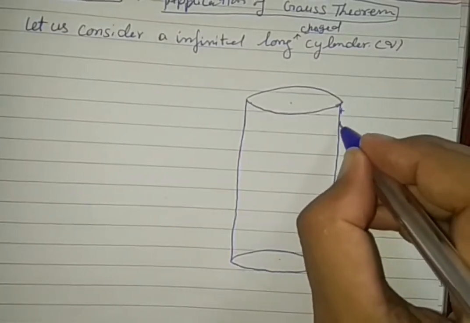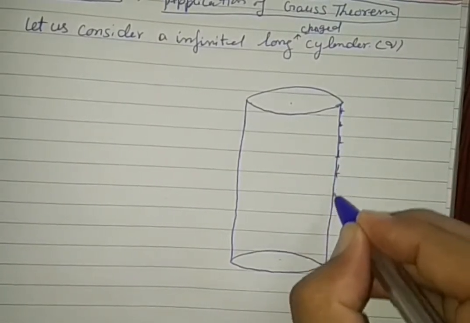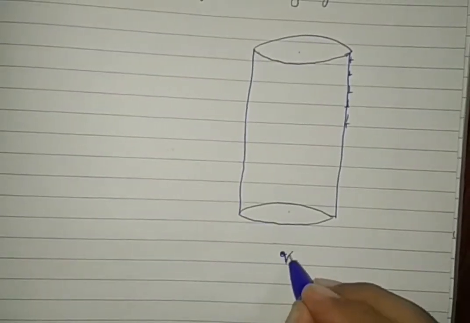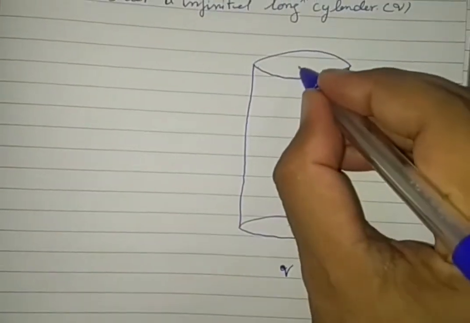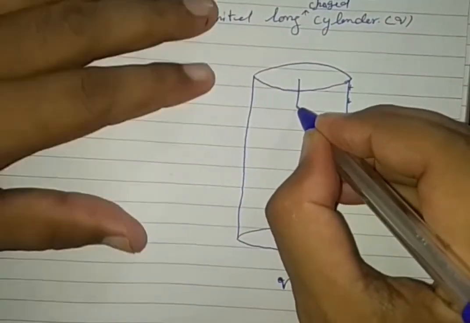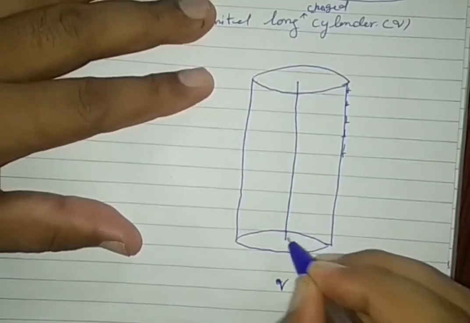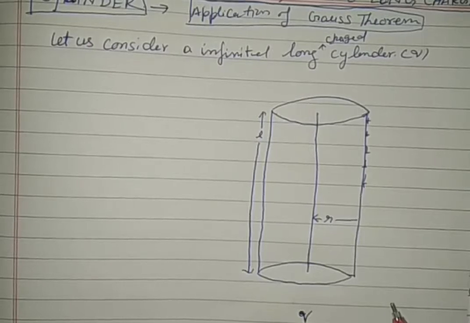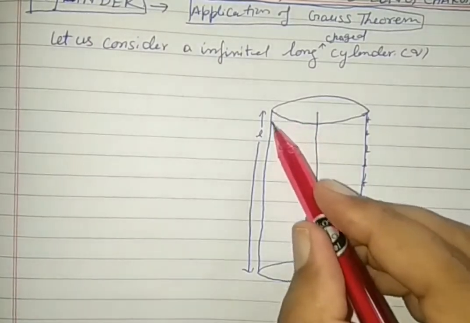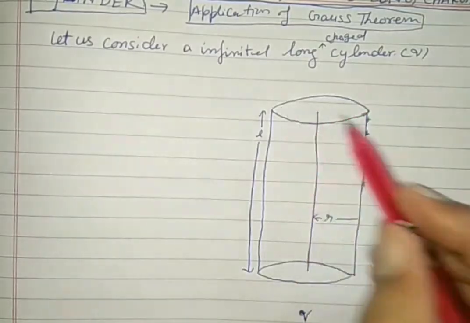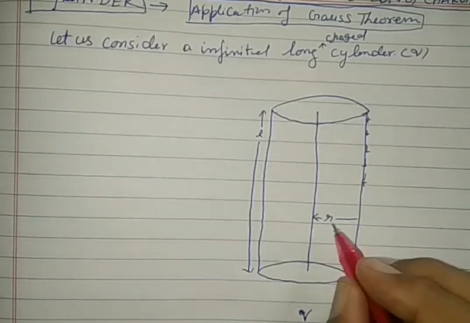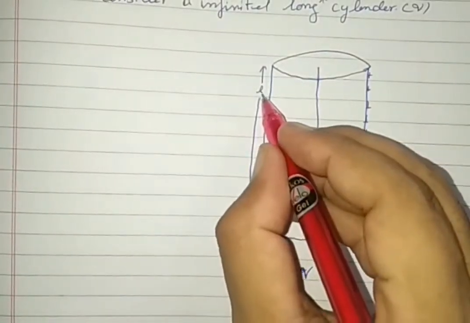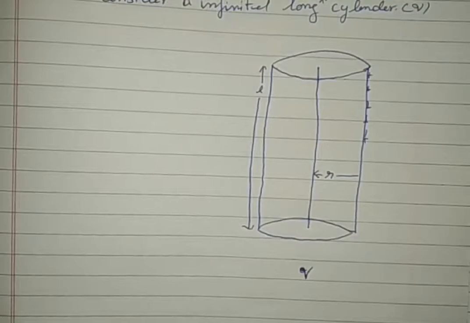It has positive charge available on the cylinder, Q amount of charge here on the cylinder. Let us join the center of it. Here small r denotes, here this is the cylinder having charge Q, whose radius is r and length is L, right?